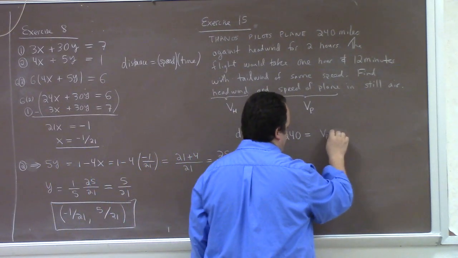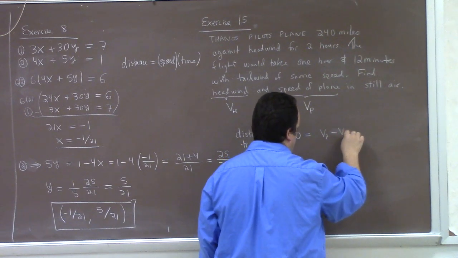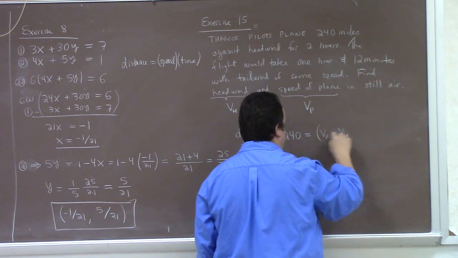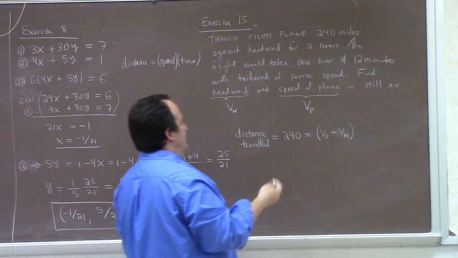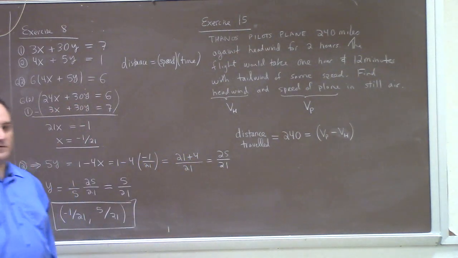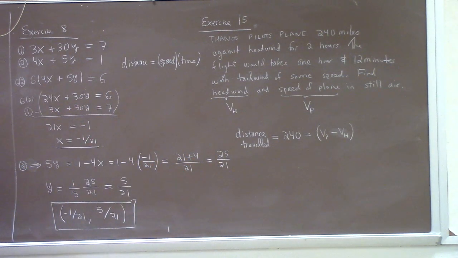So minus the velocity of headwind. So that times, and then, so we've got to make a decision here, guys. We can either work in hours or in minutes. Then you're going to get like miles per minute as your answer. You're content with that? I mean, that's fine. You say work in minutes? Fine, we can do that.